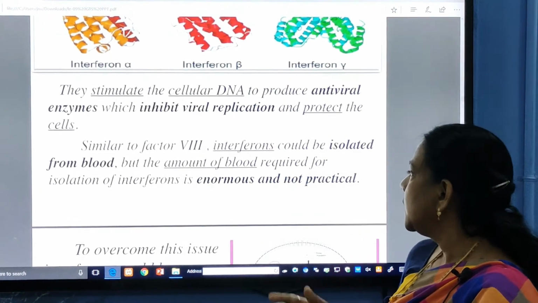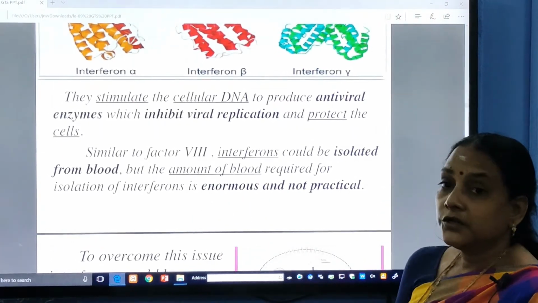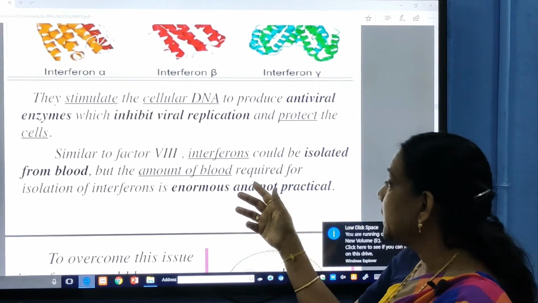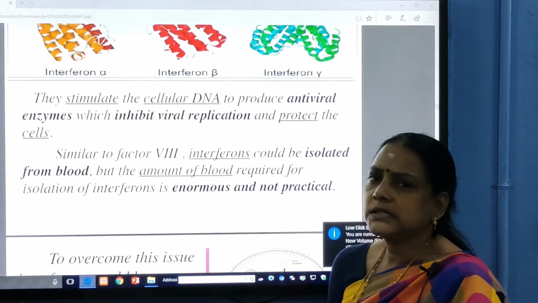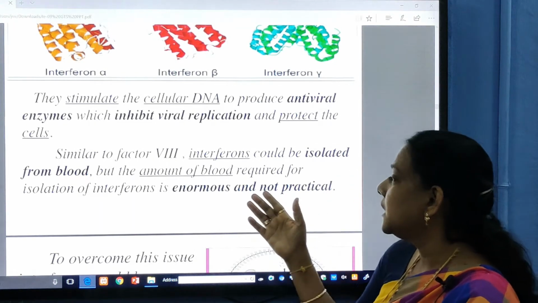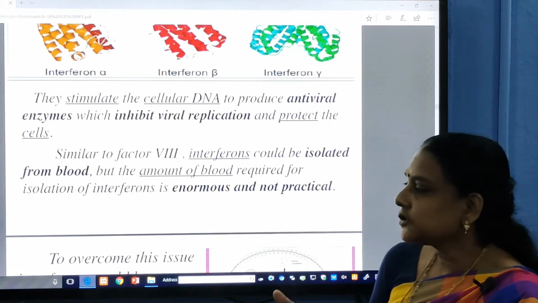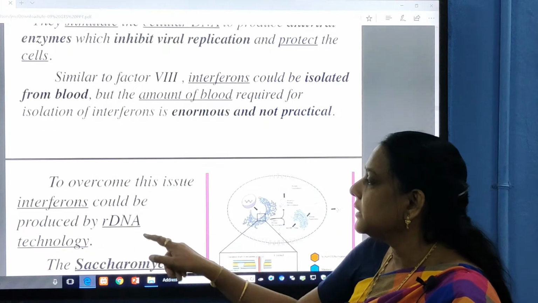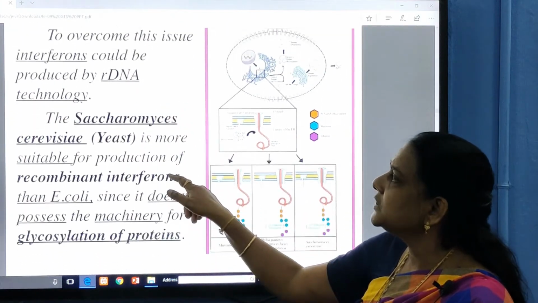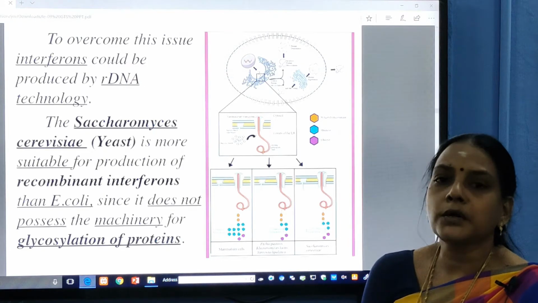Here also we can isolate the interferons from the blood, but the amount of blood required for the isolation is enormous. Such an enormous amount of blood is not practical, is it? We cannot afford it, so this is not considered. To overcome this issue, what do we have to do? Then you have to go for an alternative, isn't it?